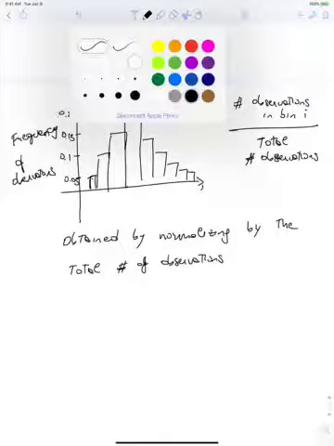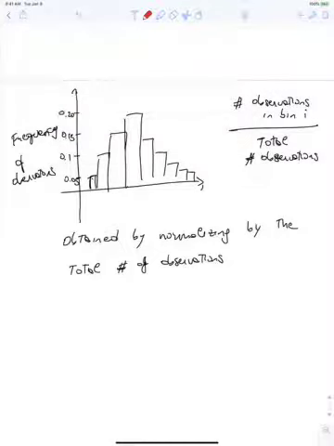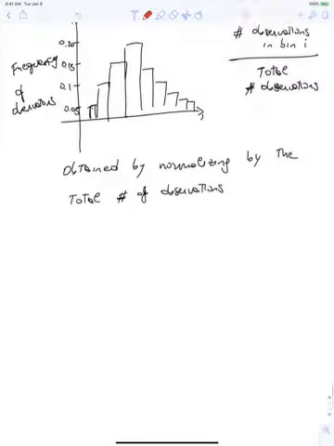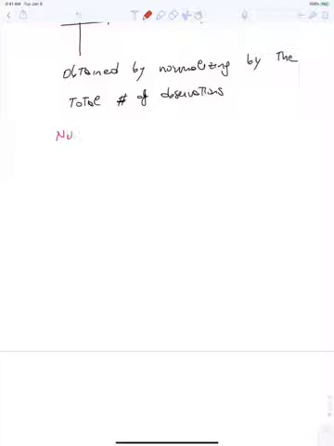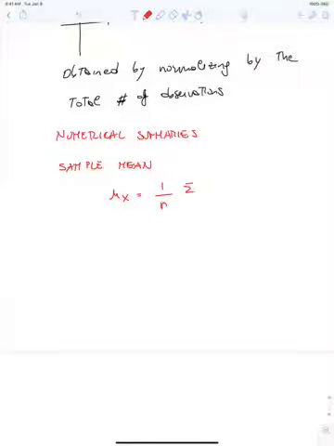Now, once we have the data, we can also come up with some sort of, I call them, numerical or statistical summaries. So we can compute the sample mean. Well, the sample mean is simply the sum of the observations divided by the number of observations.